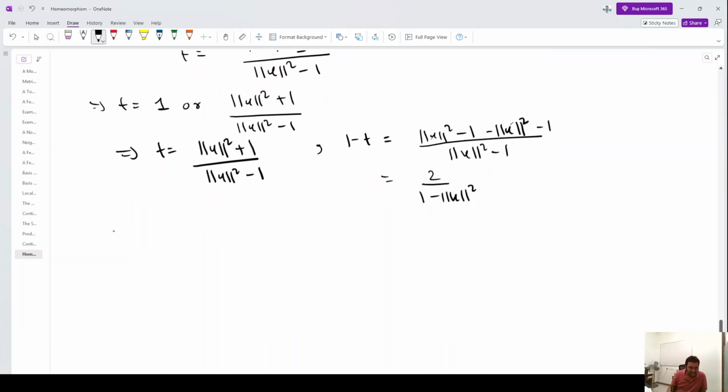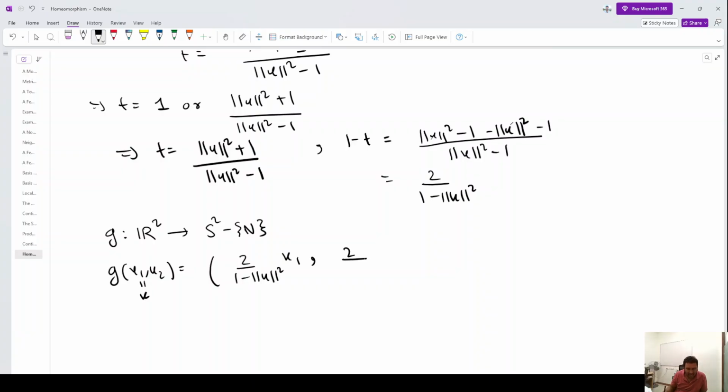So what map you are getting is G from R2 to S2 minus North Pole, which is G of x1 comma x2. You are calling this vector x, which is 1 minus t times x1, 2 by 1 minus norm x square into x2. And then t, plus 1 divided by norm x square minus 1.